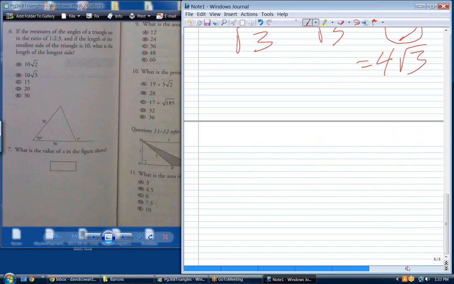If the measures of the angles in a triangle are in the ratio of 1 to 2 to 3, and if the length of the smallest side of the triangle is 10, what is the length of the longest side? That is interesting.